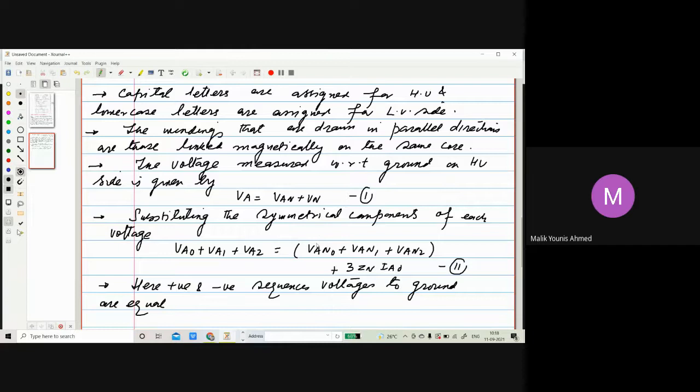So that means the positive sequence is equal to the negative sequence. The values will be the same, equal to the positive and negative sequence voltages to neutral. So they are the same.